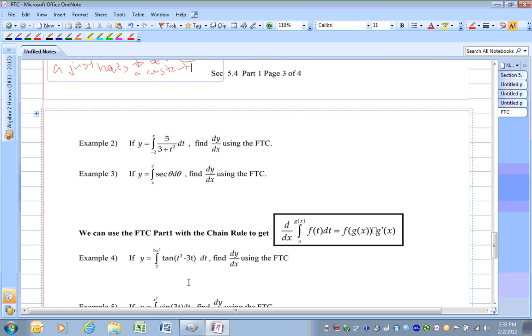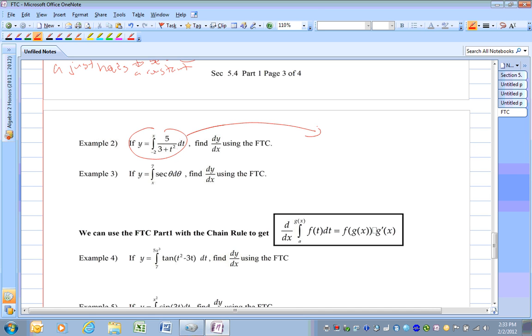Okay, maybe I could squeeze in one more. So in this case here, what would it equal? 5 over 3 plus x squared.